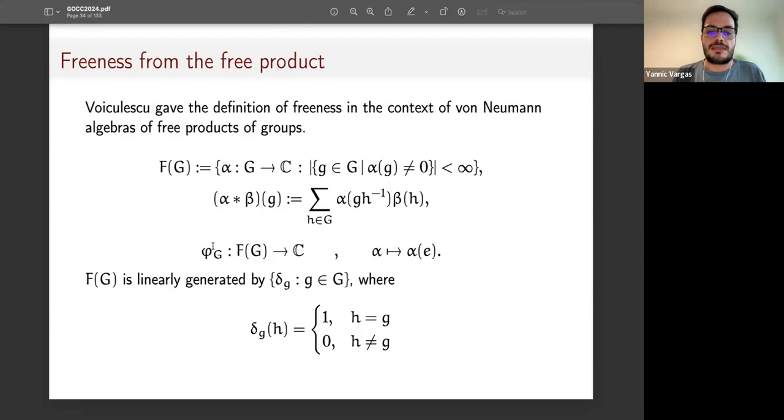This is an algebra, F of J, and the expectation that we are going to consider is the map sending one of these maps to the evaluation of the map on the neutral element. These two data form a non-commutative probability space.